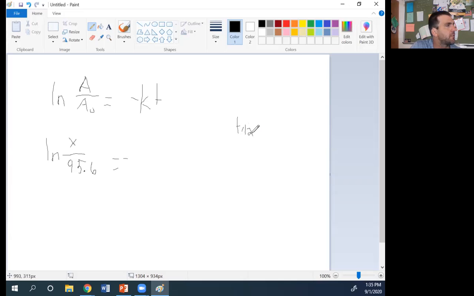Remember, T1/2 stands for half-life, equals ln2 over K. So I know I'm going to have 8,000 equals 0.693 over K. These 2 equations are used in unison pretty much all the time. Does that make sense to you?